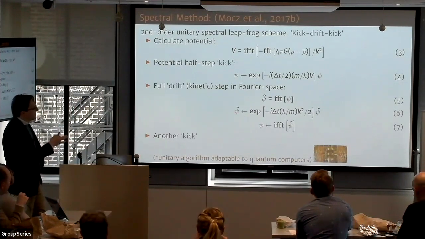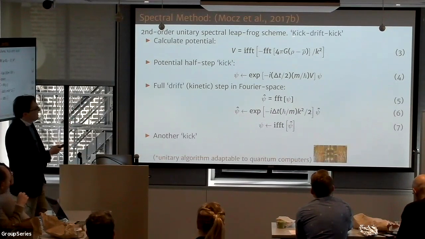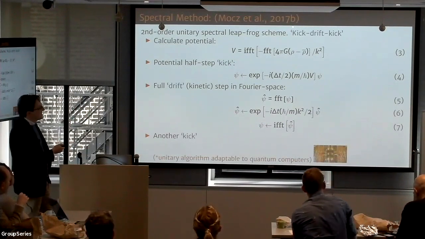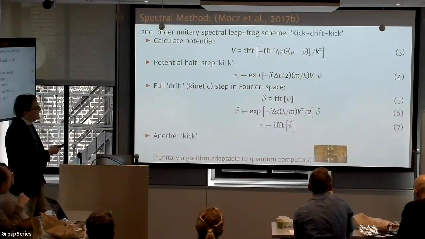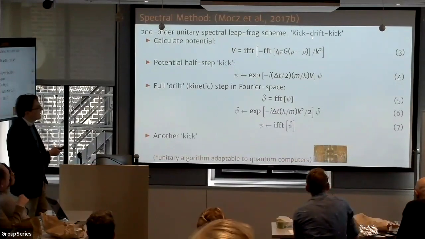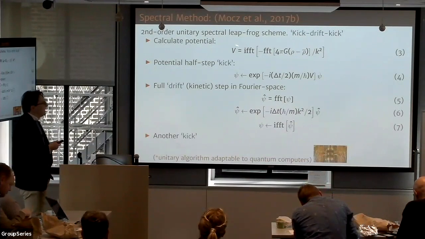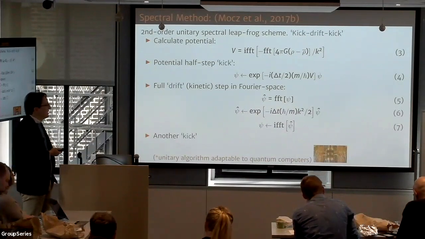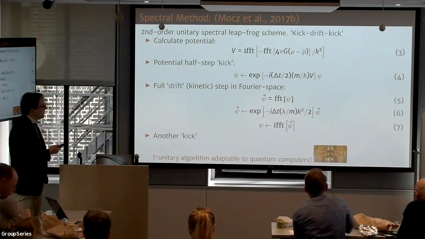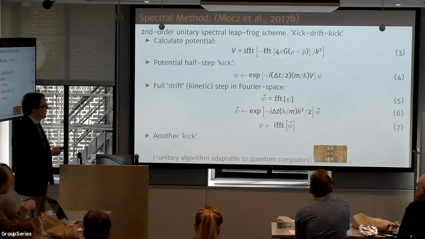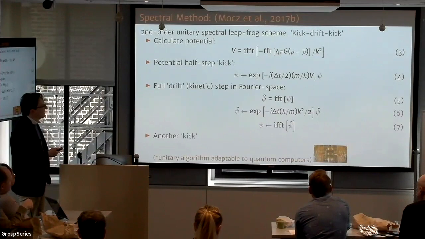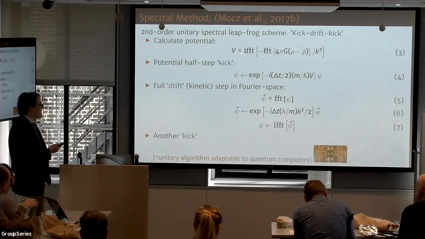But here's the simplest scheme one can come up with, and it's a second order scheme. It's split into a half time step kick step, followed by a kinetic drift term, and then a repeat of the kick step. So we can calculate the potential in a periodic domain simply by Fourier transforming the density field, dividing by k squared, your wave number, and then inverse transforming that.